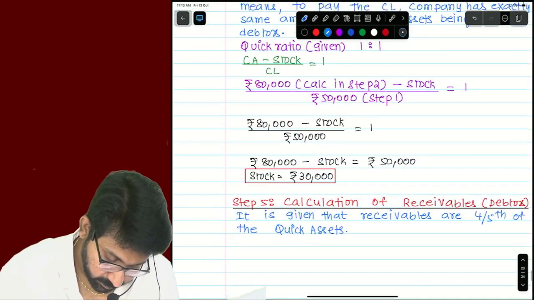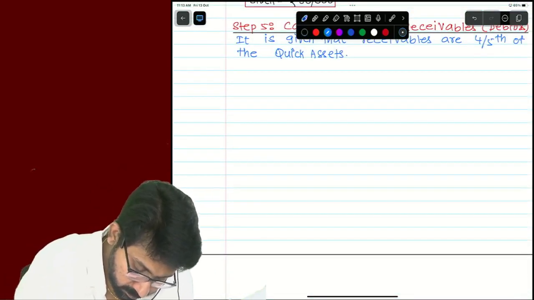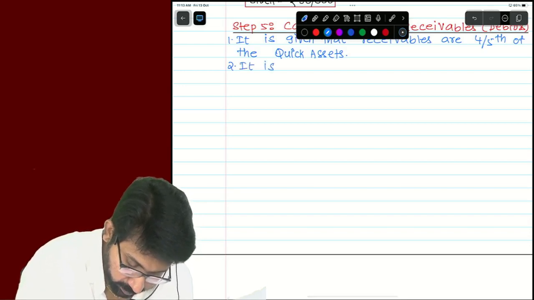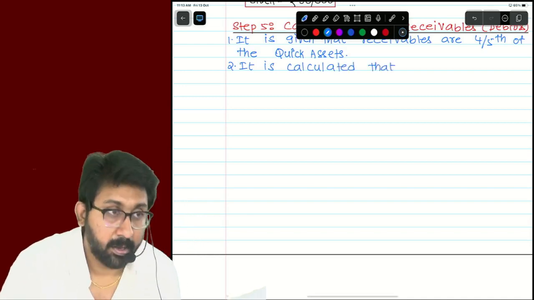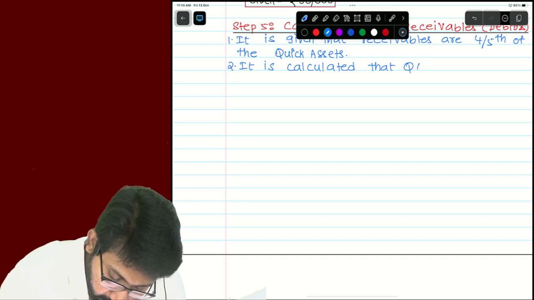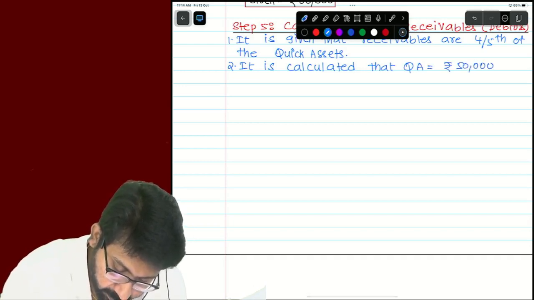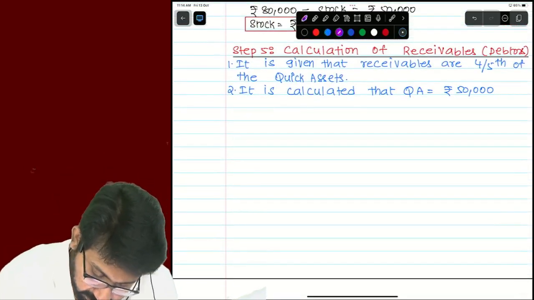Next. It is calculated that quick assets equal to rupees how much? 50,000. Step number 4.